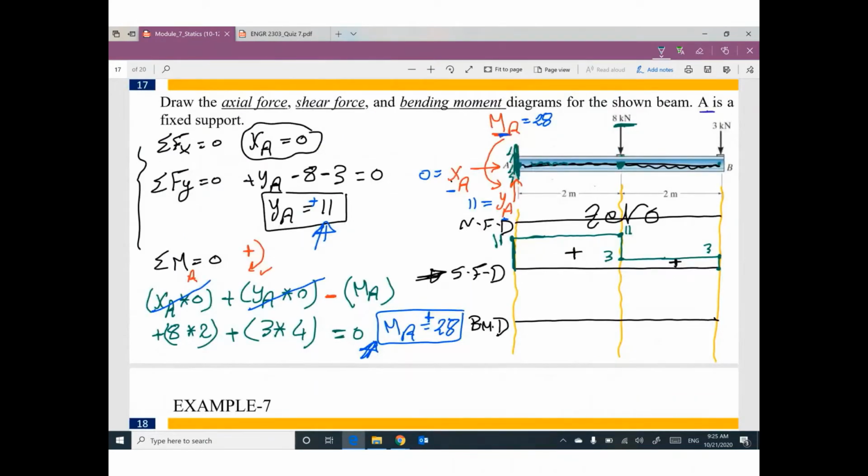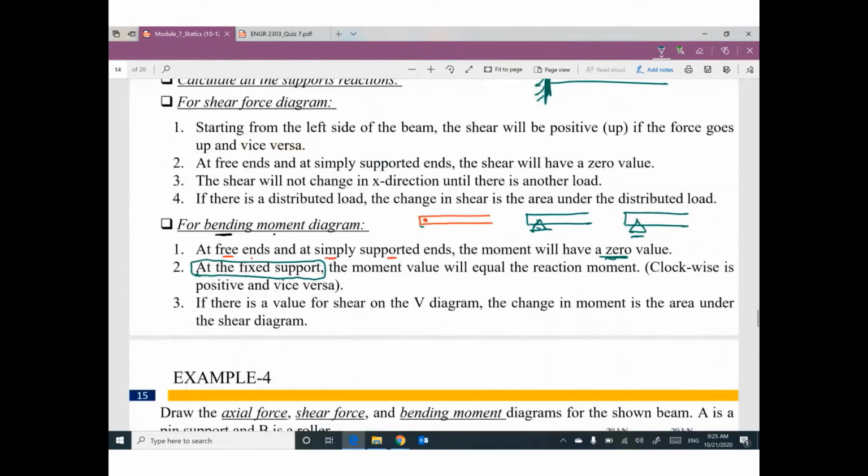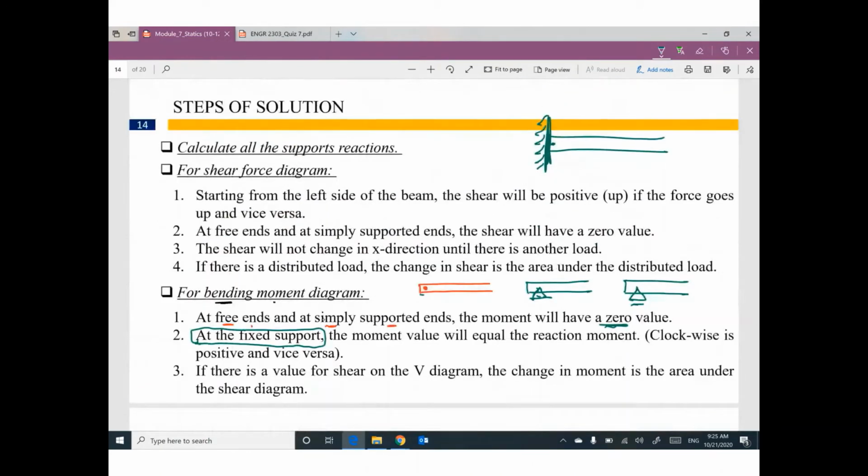What should I do for the moment? Very simple. If you have a fixed support, you will have 3 reactions, and one of these reactions will be a moment.